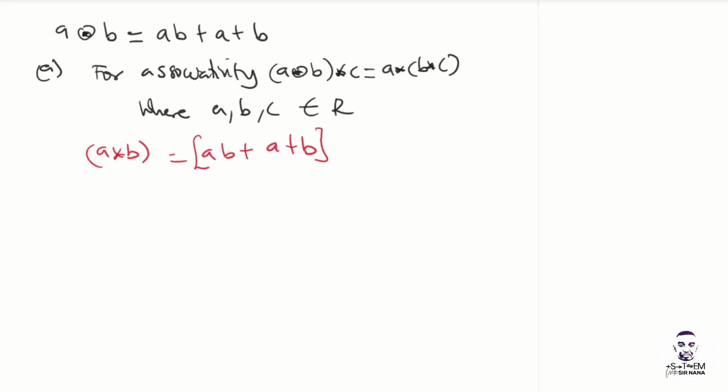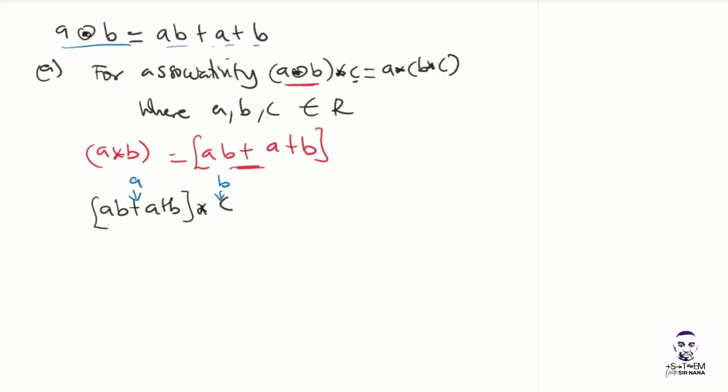In the first part, A operation B operation C, wherever we see A operation B, we can represent it with AB plus A plus B. So we are going to have AB plus A plus B, representing A operation B, and then operation C. What this implies is that wherever we see A, we must replace it by AB plus A plus B, and wherever we see B, we replace it by C, in the operation A operation B, which is AB plus A plus B.